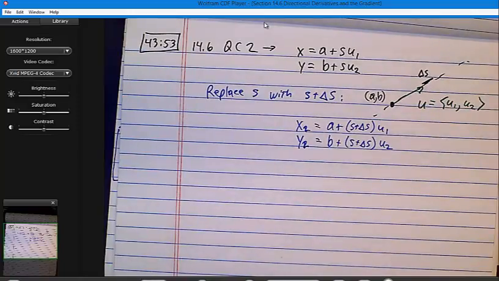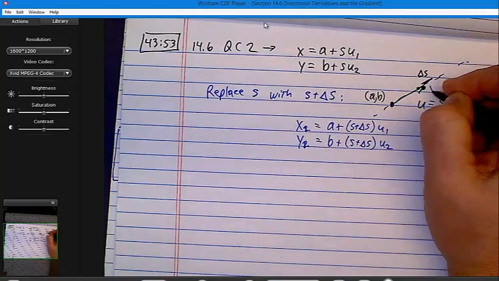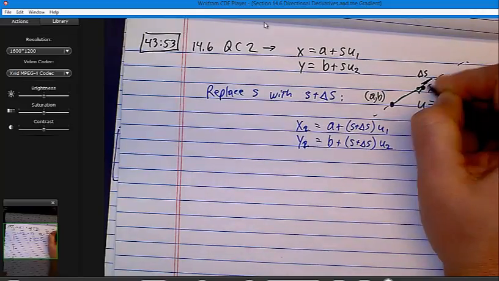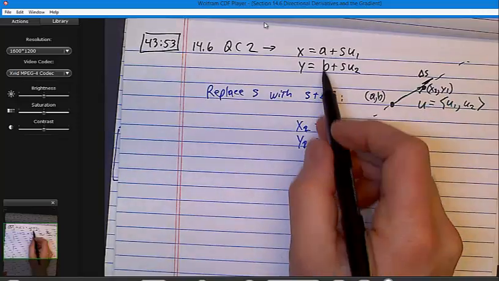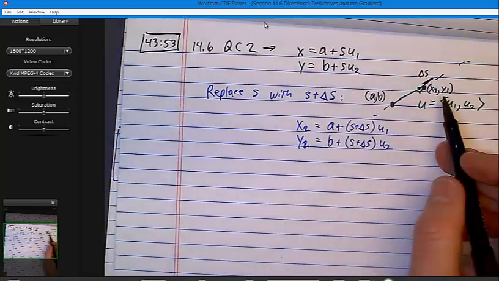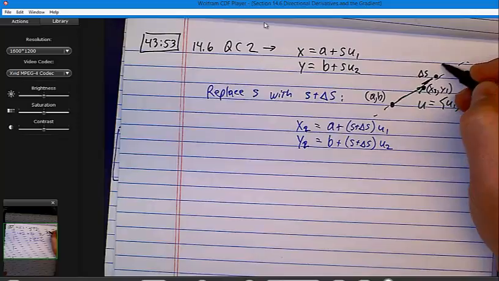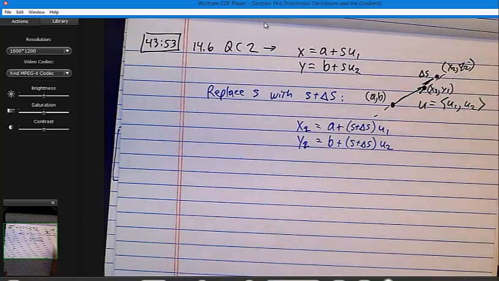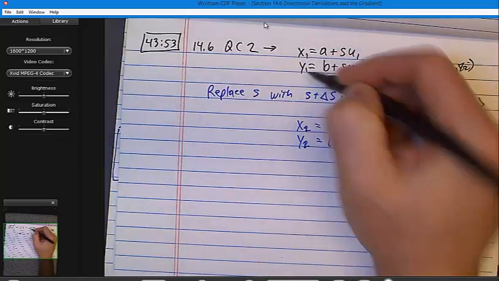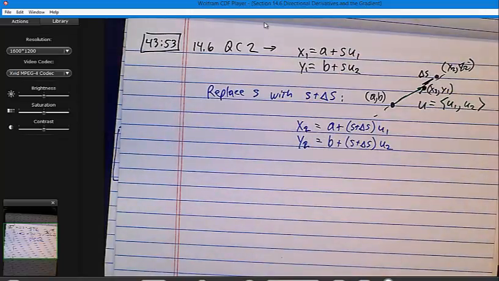So I guess what happens is, maybe this is X1, Y1, which would be AB plus S times that. And then I move delta S and I get to X2, Y2. And you just want to show that that's a line segment of length delta S. So I think what I would do is call this X1 and Y1, call that X2 and Y2, and then I would just measure the distance between the points, right?